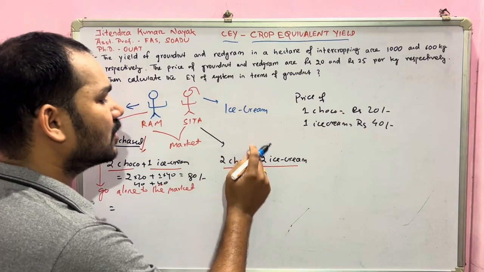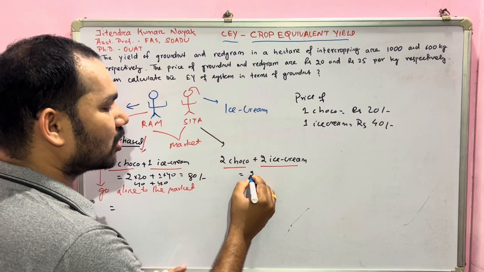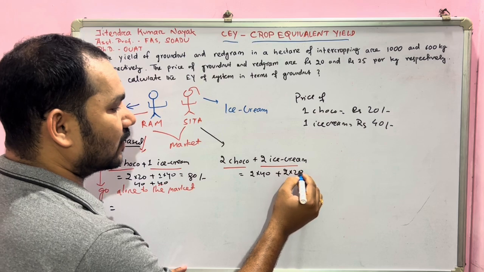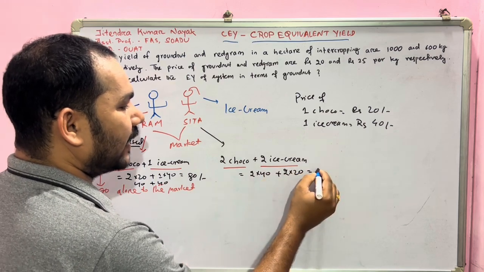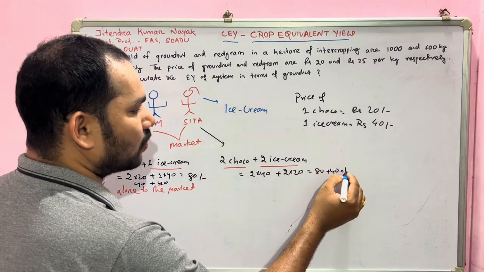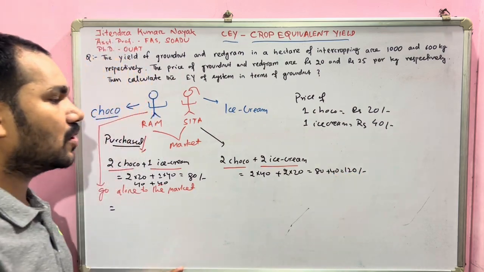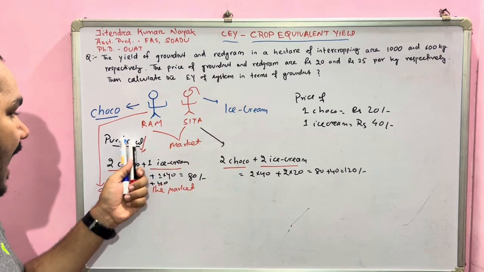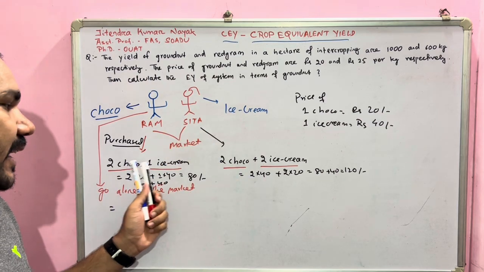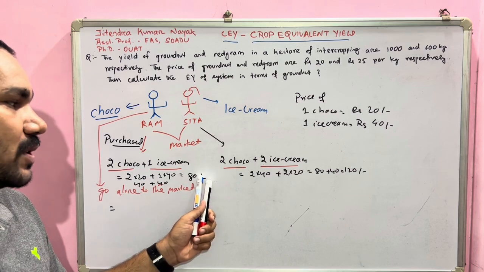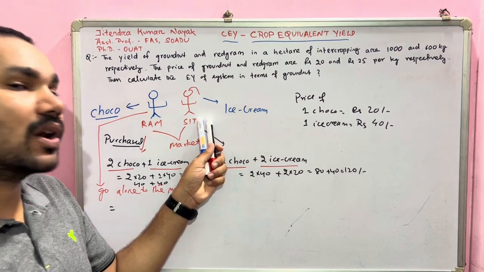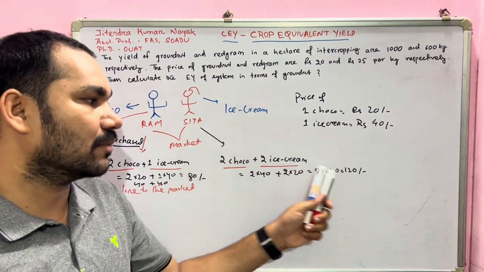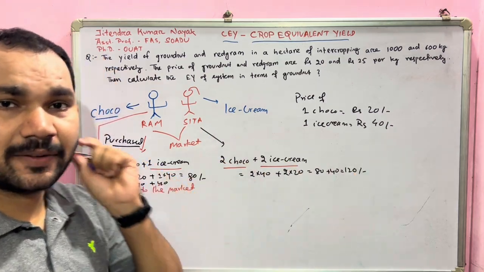With respect to Sita, 2 chocolates means 2 into 20, plus 2 ice creams means 2 into 40. That means 40 plus 80, that is 120 rupees. So when Ram and Sita go together, Ram purchases both chocolate and ice cream at a cost of 80 rupees, and Sita spends 120 rupees.